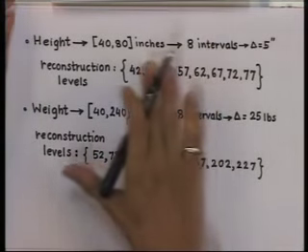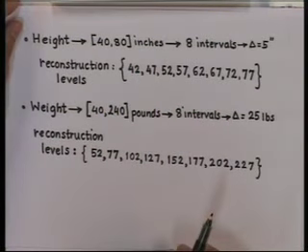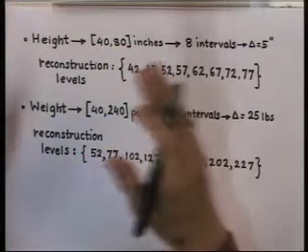Now, let us examine this same problem in 2 dimensions. Now, this can be visualized by plotting the height values along the x axis and the weight values along the y axis, and the 2 dimensional representations of these 2 quantizers is shown here.